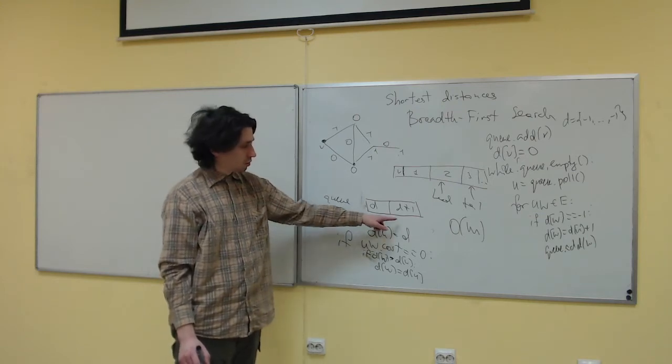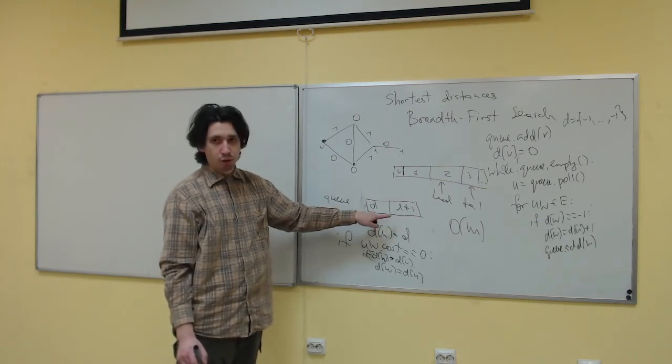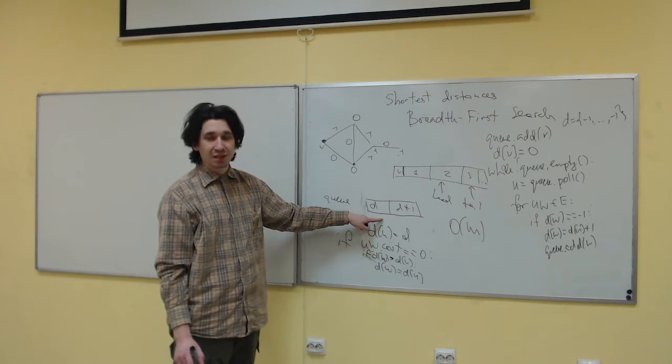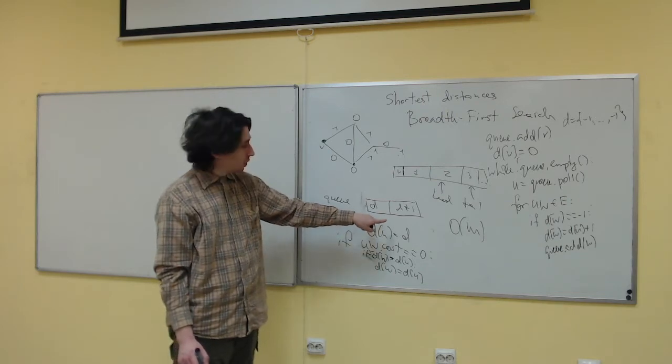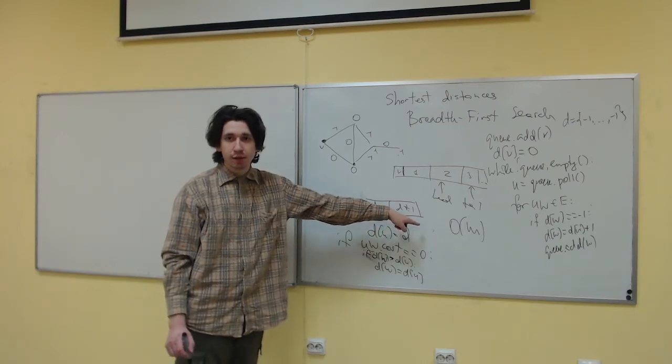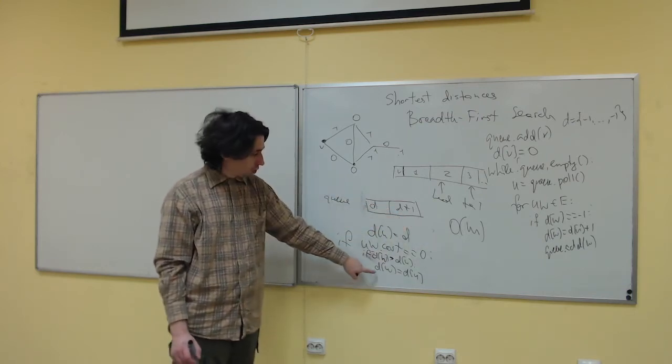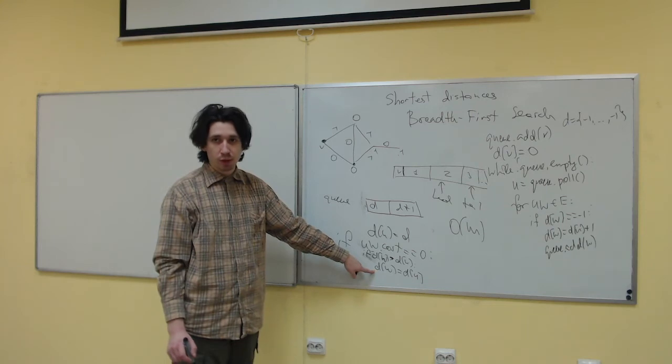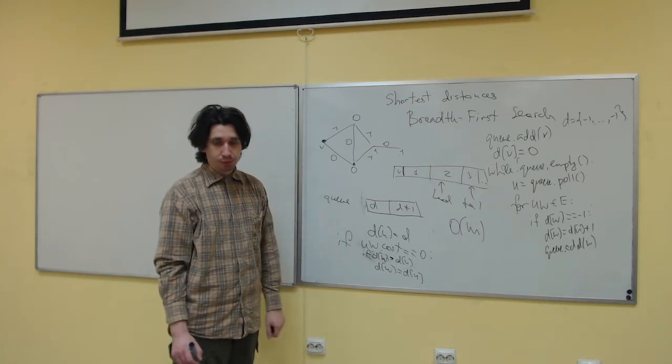What should we do with the q? It is not necessarily q in this case. You still want to maintain the invariant that these d's are here and the d plus 1s are there. So if you got to a vertex with the same distance, we need to iterate through all of its edges after that.